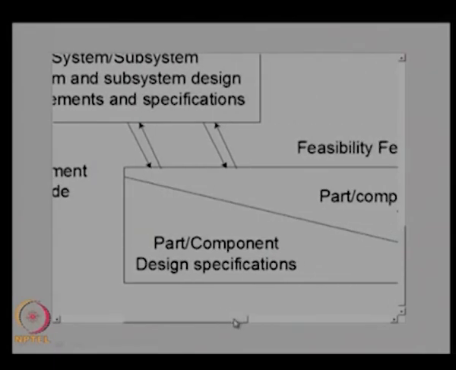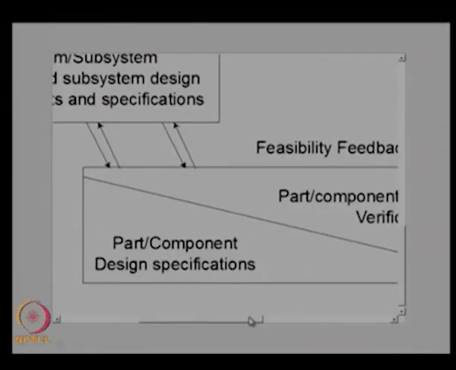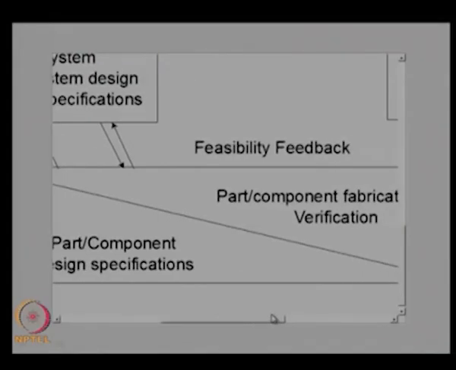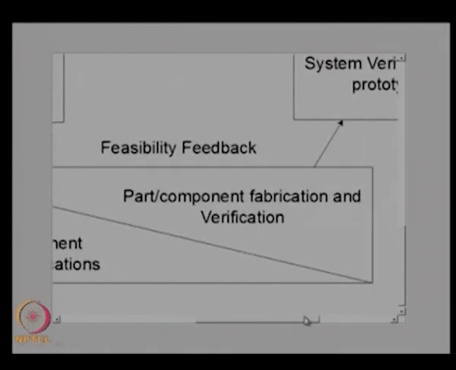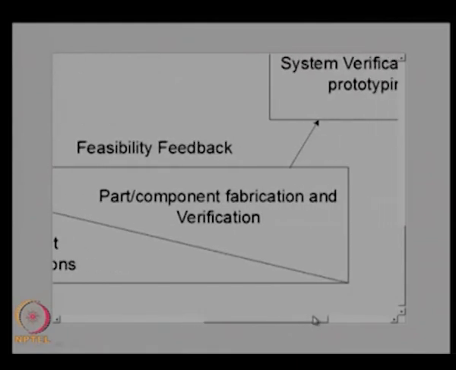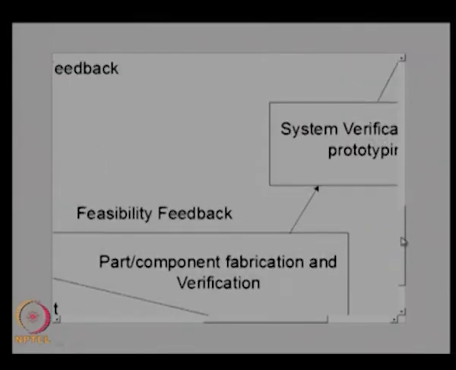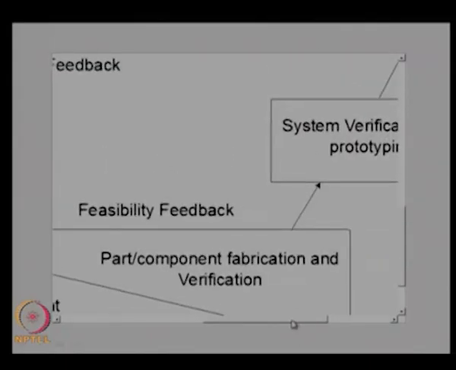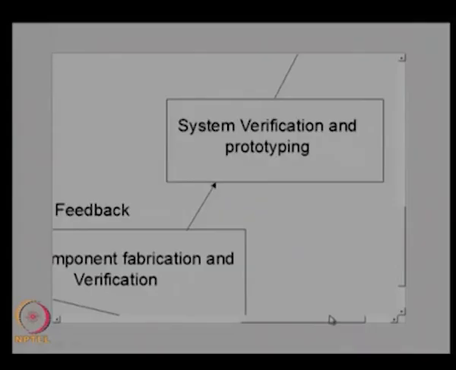So here we develop the individual components and parts for the system, and then we go for the fabrication. The part and component fabrication and verification will be done, and once these are verified, we will go for the system verification and then fabrication of the first prototype from these components.